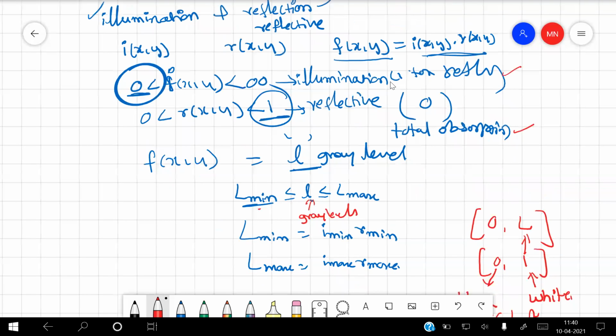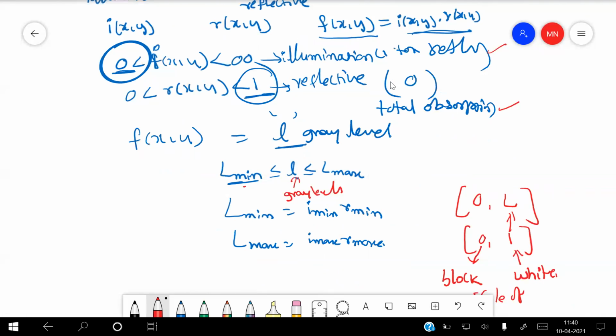Therefore, f(x,y) lies in the gray level values, where small l indicates the gray level value. The gray level value depends on the brightness value, which varies from a minimum value to a maximum value.